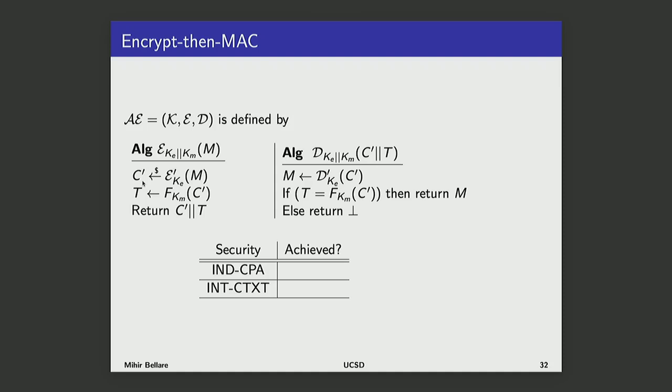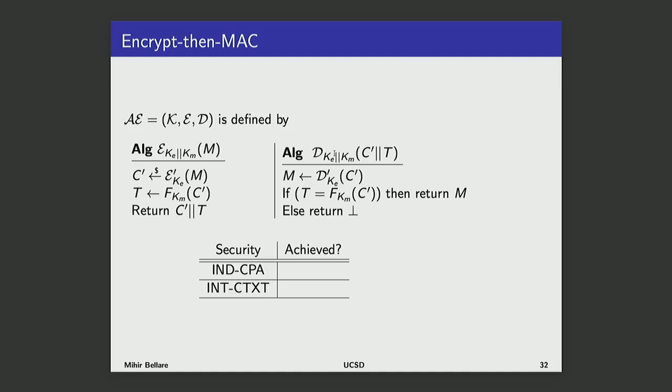Now, in the first encrypt and MAC case, what we did is we applied the F to the message to get the tag. But that wasn't working, so I won't do that. Instead, I'll apply it to this ciphertext. So I will authenticate the ciphertext here. And then, as in the first case, I'll return both those things. Okay, so that's the encryption part.